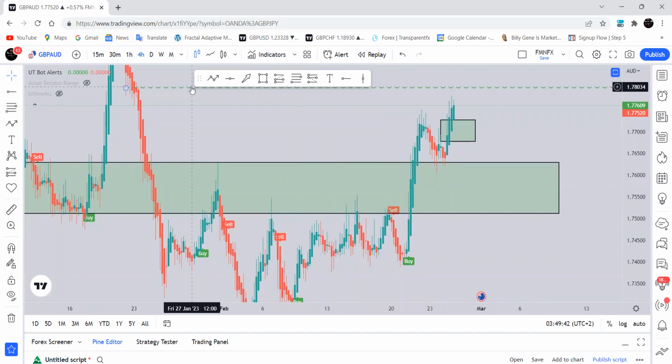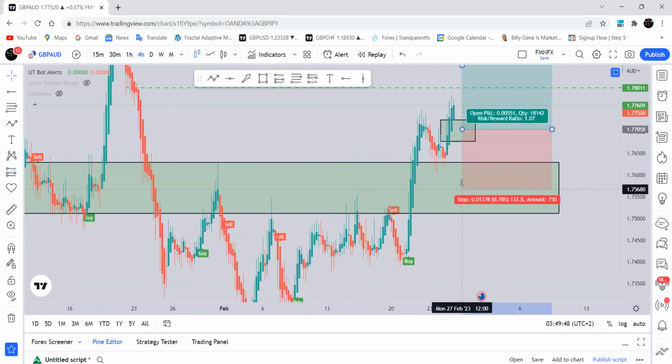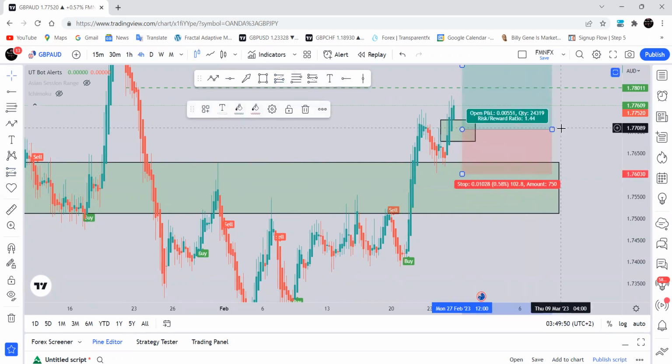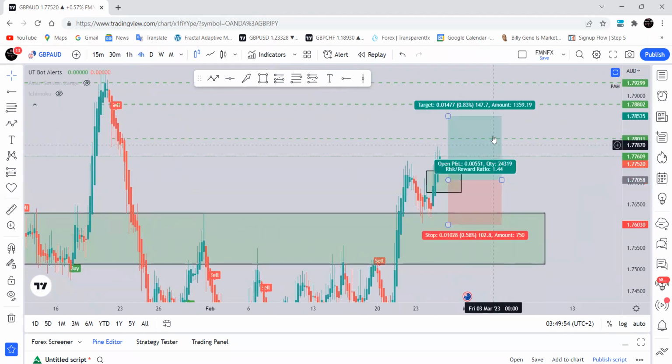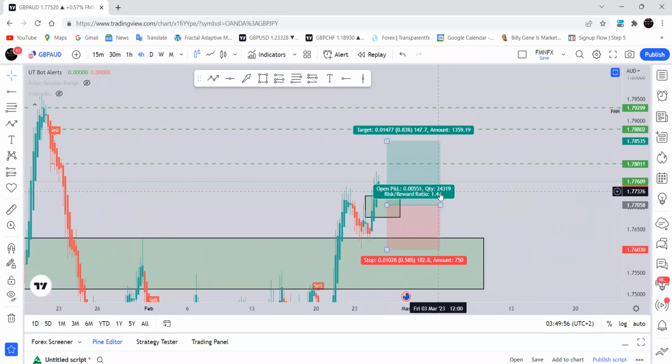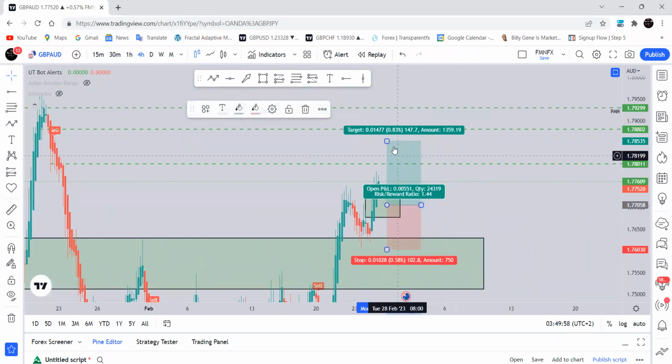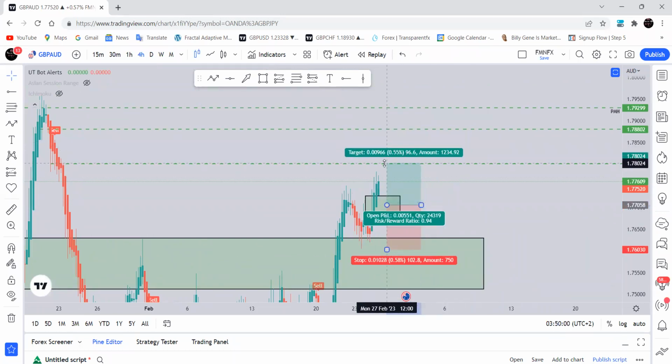I am looking for a buy on GA. Hopefully it comes somewhere up in here. Don't know where. First TP. Ooh, no, that's bad.